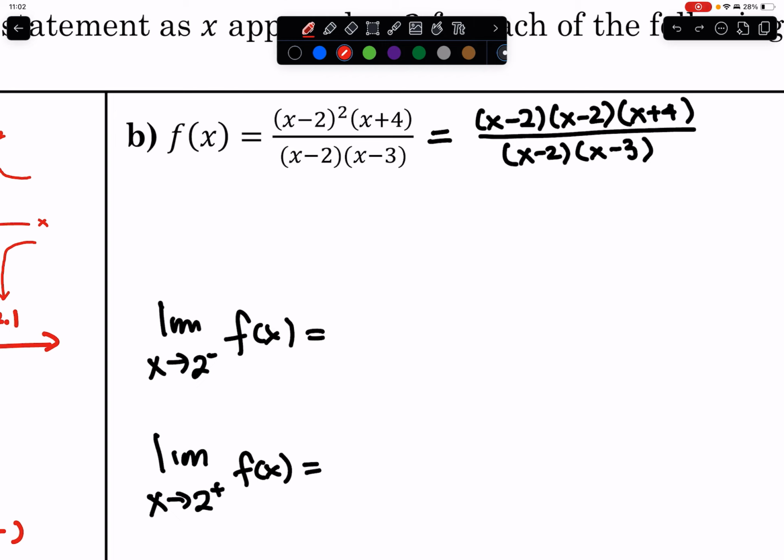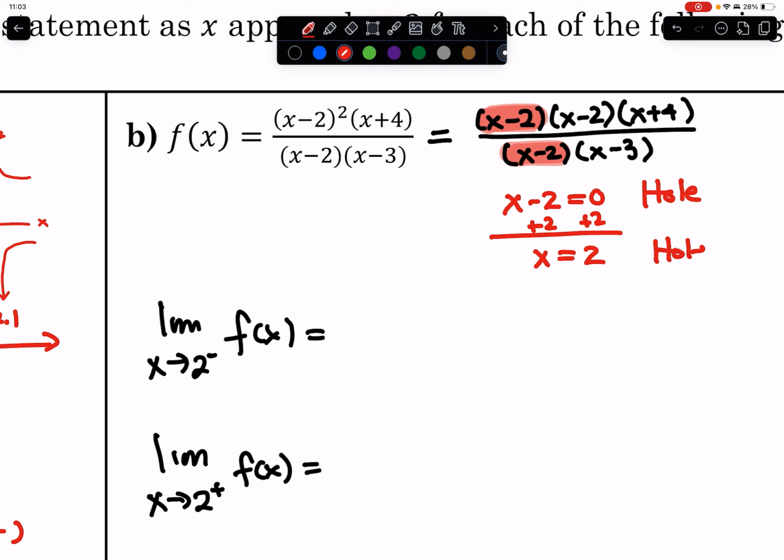At x minus 2, this factor reduces with that one right there. So because this x minus 2 reduces with this one, that means x minus 2 equals 0 is the coordinate of the hole. And when I add 2 to both sides to solve this equation for x, I see that x equals 2 is the location of the hole.